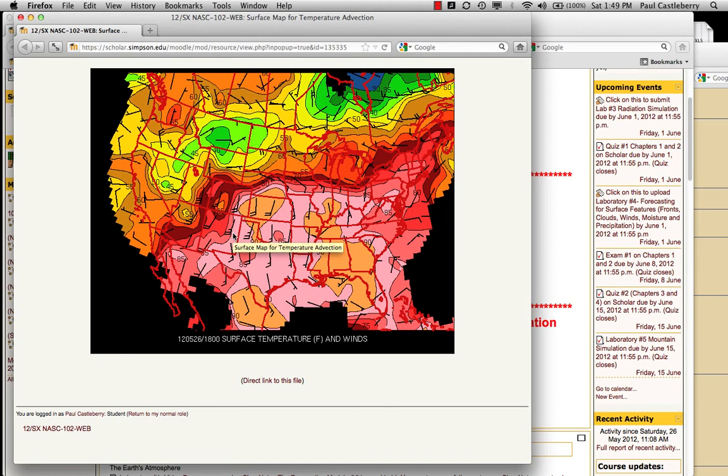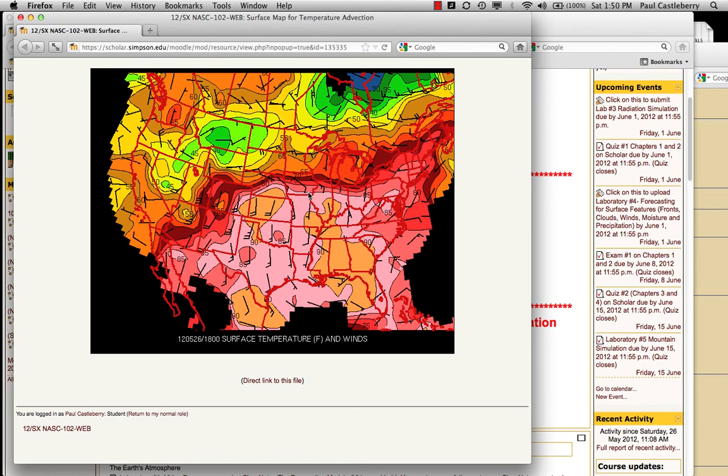Now, what we're seeing is a very interesting pattern here across Iowa. Notice that temperatures along the northern border of Iowa, 65, and then it goes 70, 75, 80, 85. We currently have a 20-degree difference in temperature across the state of Iowa. 20 degrees, and notice the winds are 10 to 15 knots.